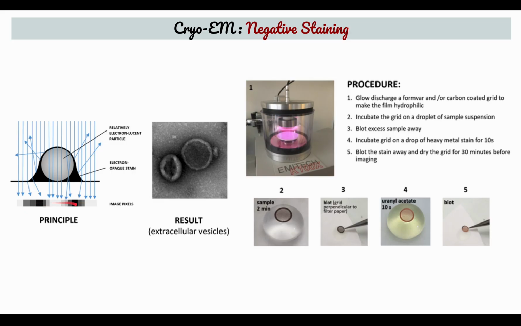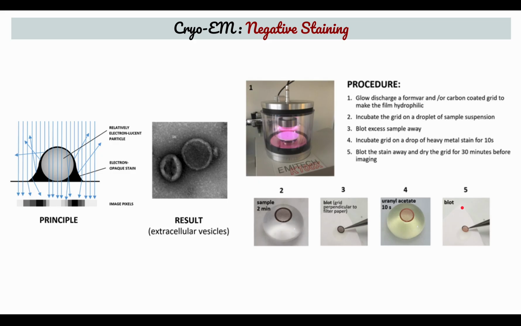So in this way, this shows how you can increase the contrast, and this is the result. Extracellular vesicles are well resolved, they can clearly be distinguished, and they have proper contrast. So this is the principle of negative staining, and this is also the procedure of how it is done.